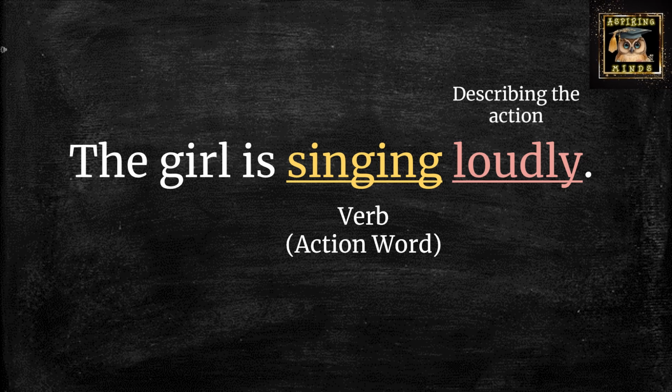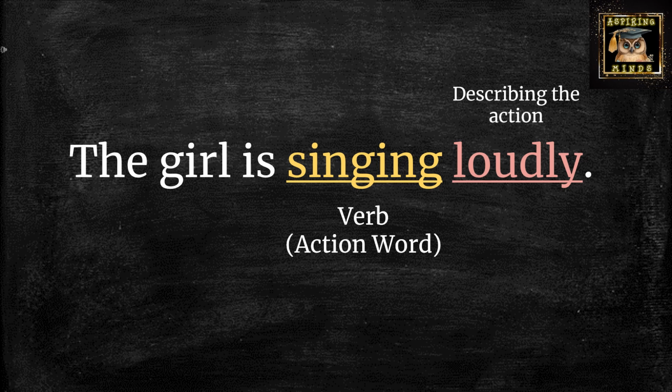Remember I began the video showing you a woman singing, or a girl singing? So here is a sentence for you. The girl is singing loudly. In this sentence, what is the action that is being performed? The word sing. In its continuous tense, singing is the verb that is describing the action that the girl is performing. And how is she singing?